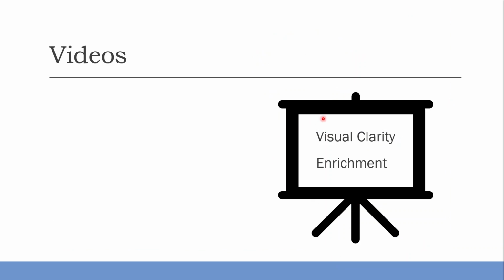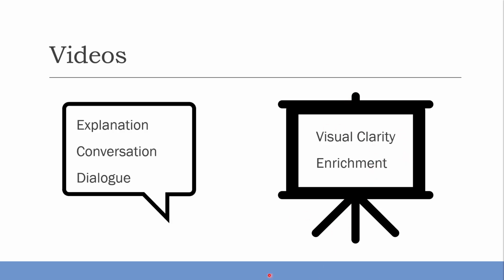So the slide is going to probably offer some visual clarity and some enrichment, like I'm grouping these words under a slide image. Whereas the words you say are going to support explanation, conversation, and dialogue, kind of like this symbol here I have to try to show the difference between what we're going to have in each space.